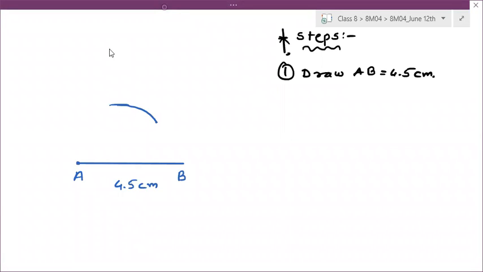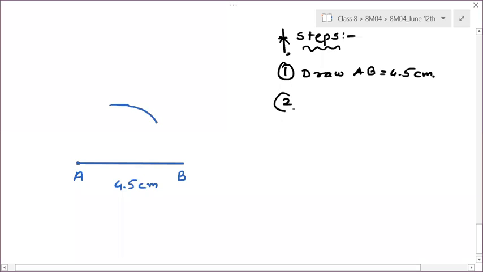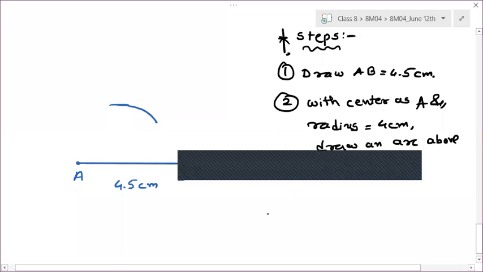So my step 2, I will take center A and radius equal to 4 centimeter, and draw an arc above AB. Is it clear?